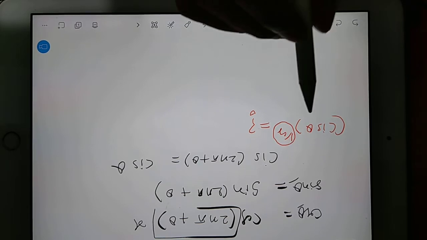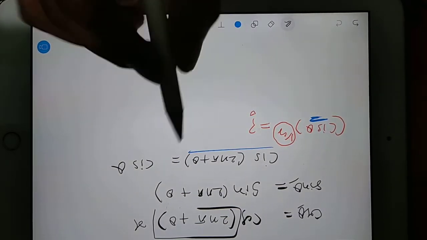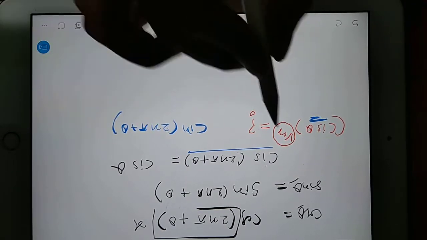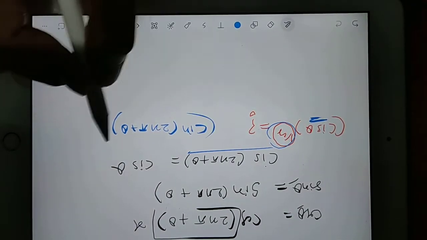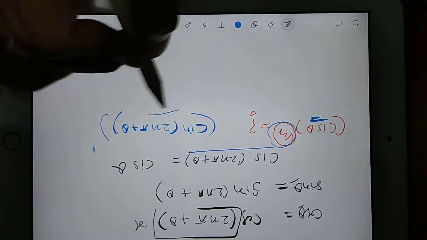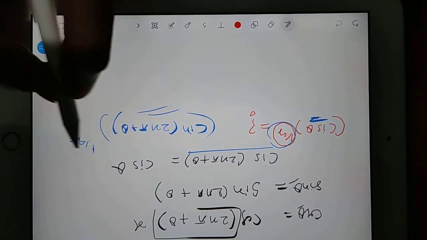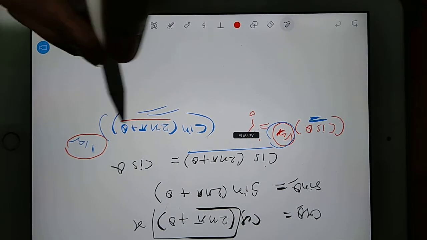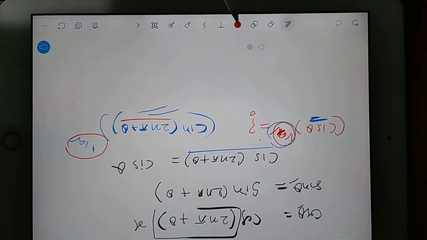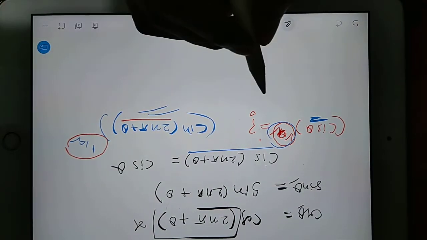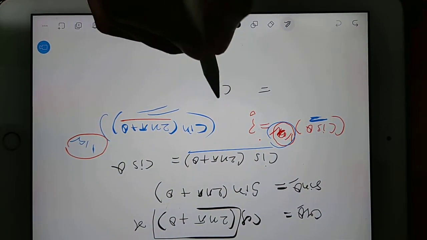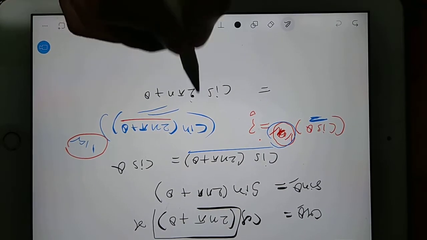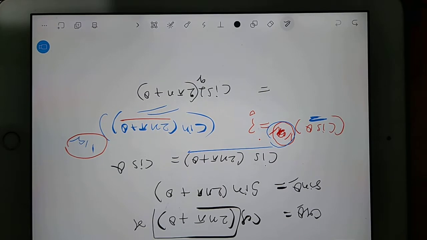We also know that cis theta is equal to cis(2n pi plus theta), whole power 1 by q. So with the help of De Moivre's theorem, I can take this 1 by q and divide the angle. So it will be cis of (2n pi plus theta) divided by q.